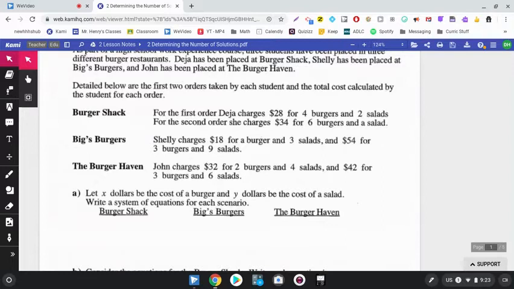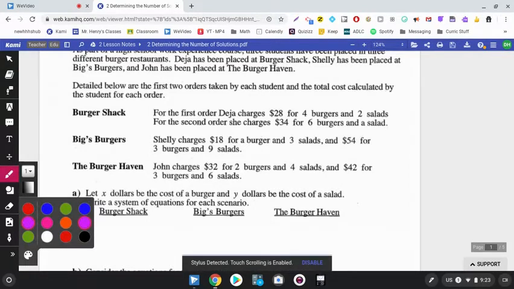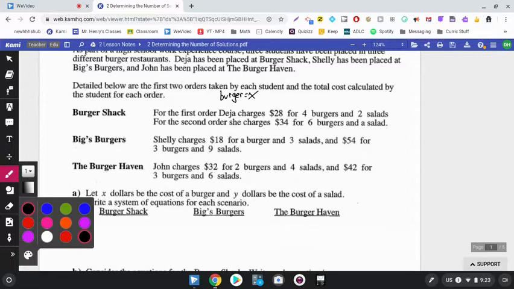Before we get going, a quick statement: if I am talking about burgers, I'm going to use the variable x, and if I'm talking about salads, I'm going to use the variable y.